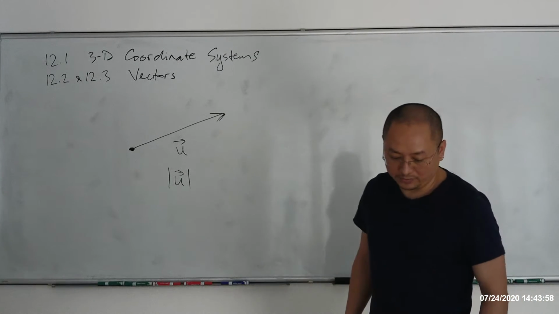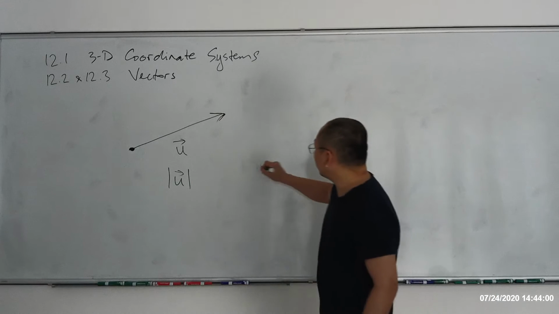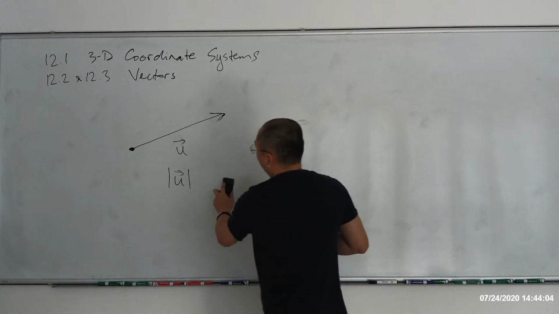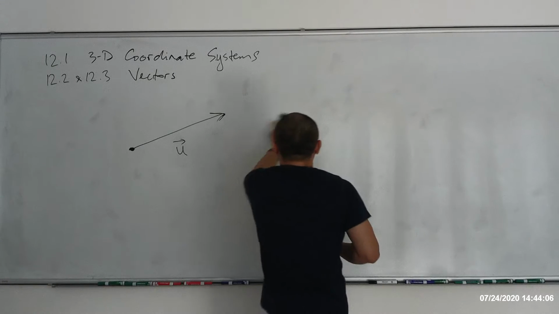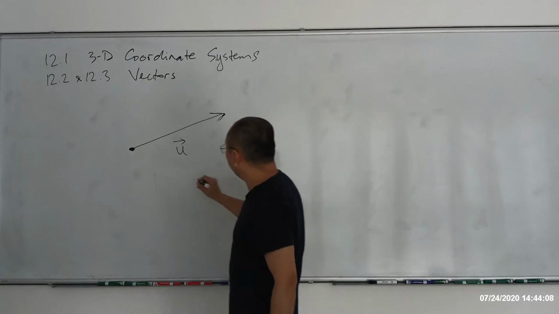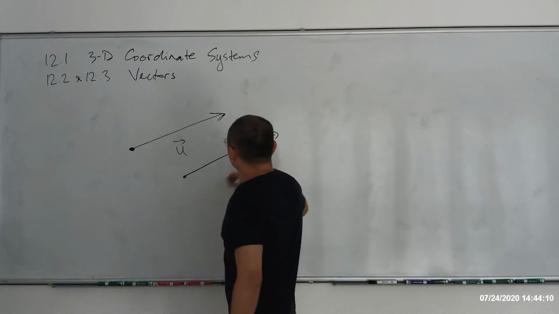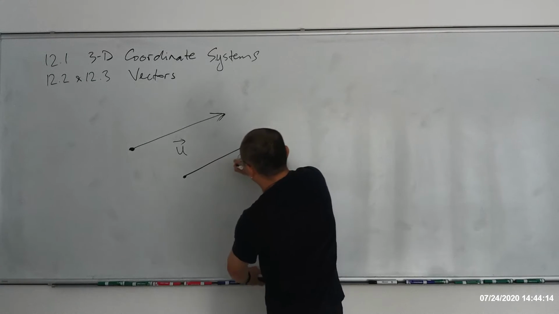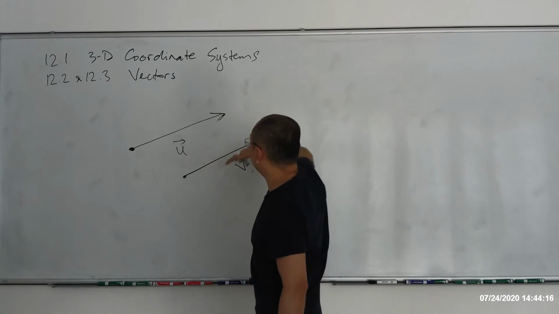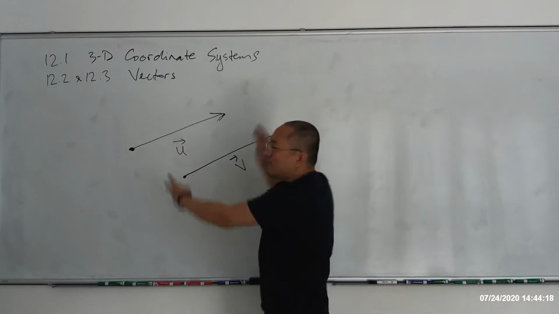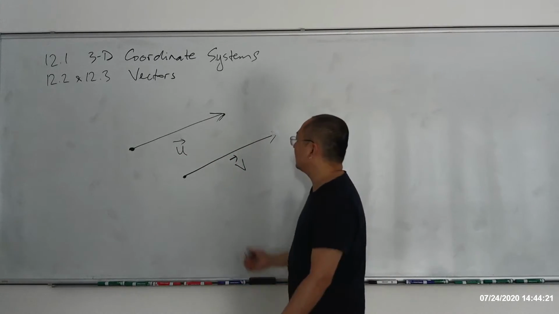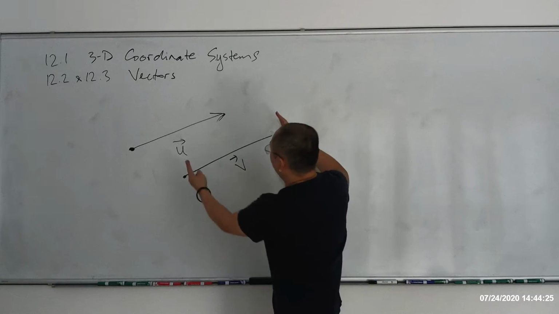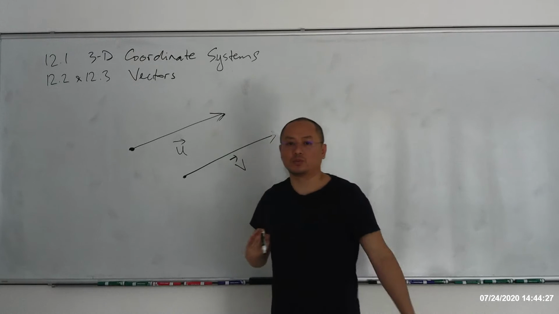Just one more dimension. So if you have a vector u right here, and you have another vector v, and the two vectors are parallel to each other and have the same magnitude, we technically say that those two vectors are the same, since they have the same direction and same magnitude.